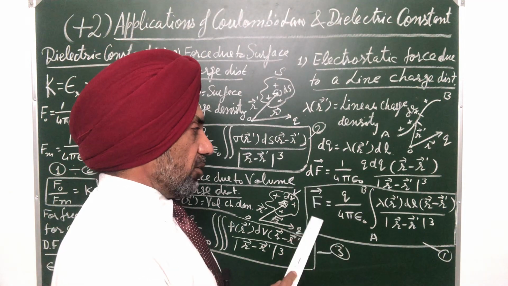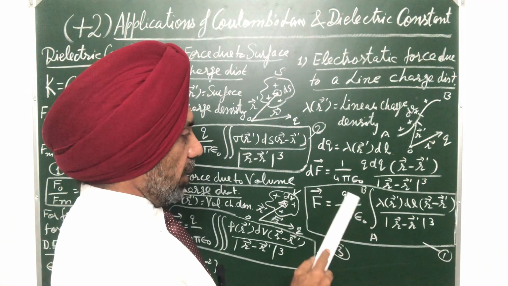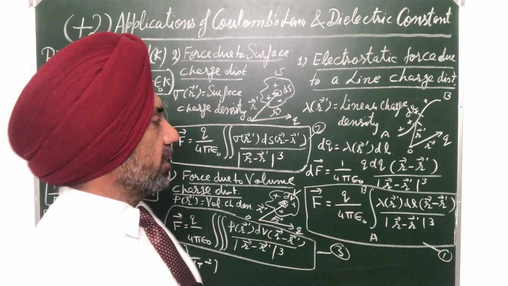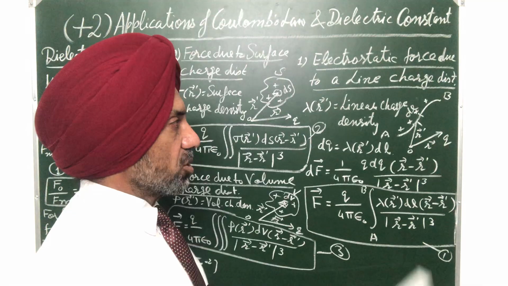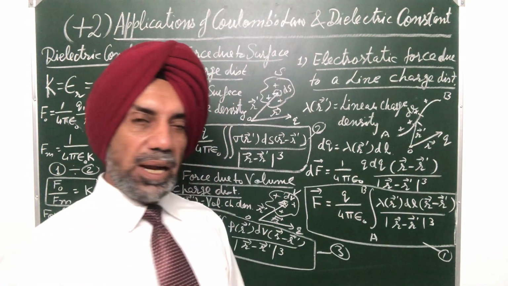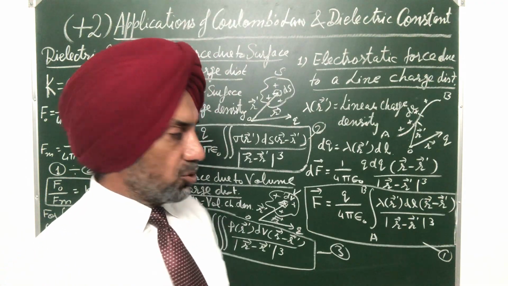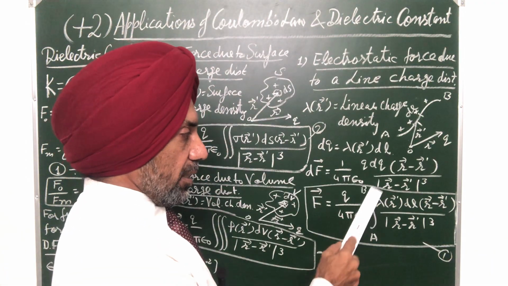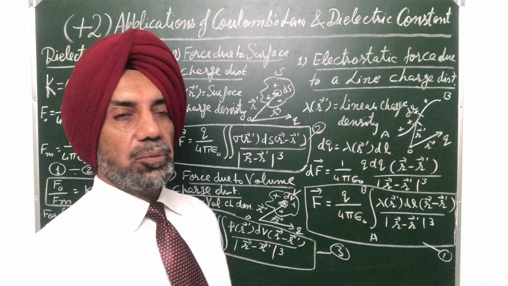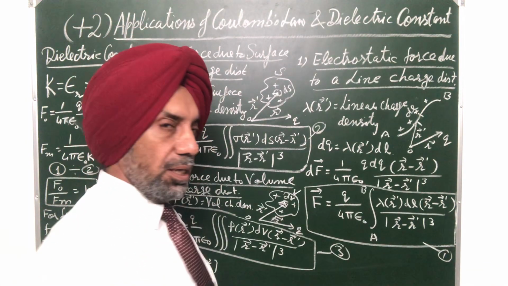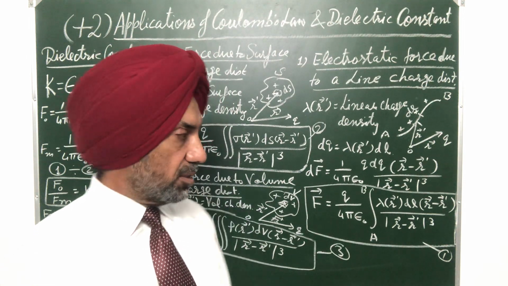Therefore, the total electrostatic force F is given by q upon 4 pi epsilon naught times the line integral from A to B. Because this wire is made up of a large number of small elements and it is a continuous charge distribution, we take the line integral from A to B instead of summation. We take summation where there is a discrete charge distribution.